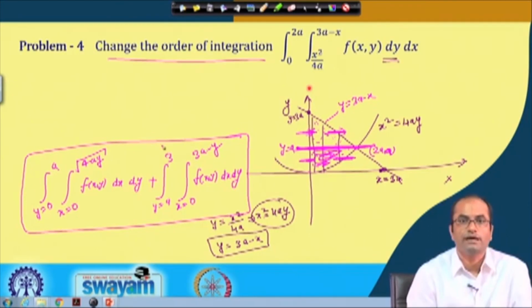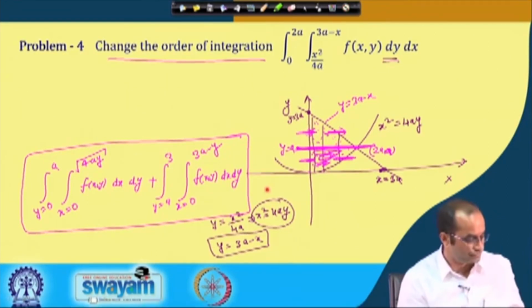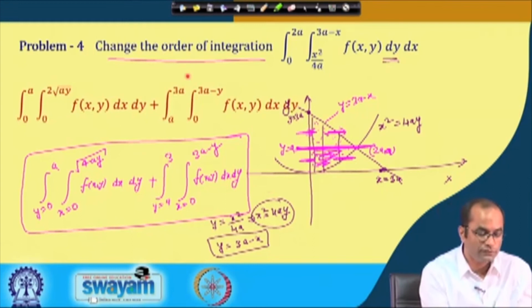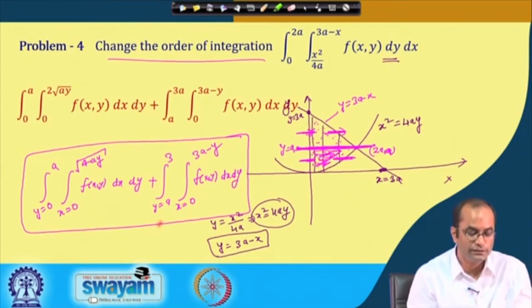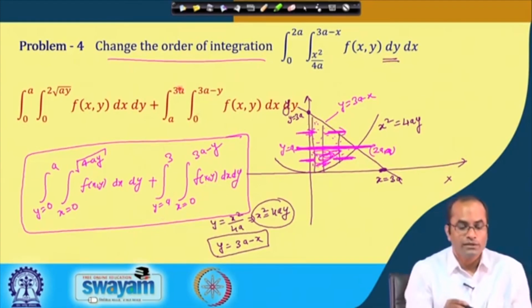That is the reason we have to break the integral into two parts. So, this is the result which we have written already here, from a to 3a and 0 to 3a minus y.